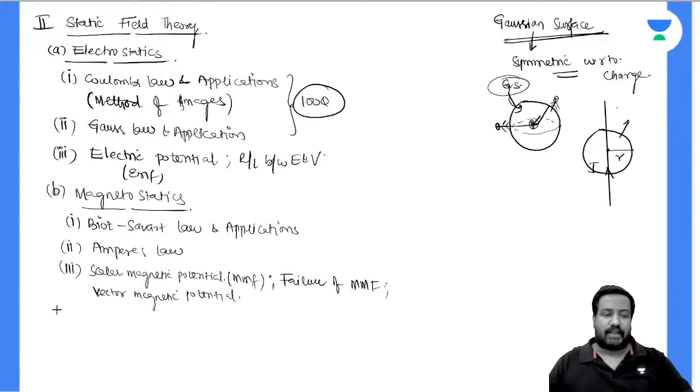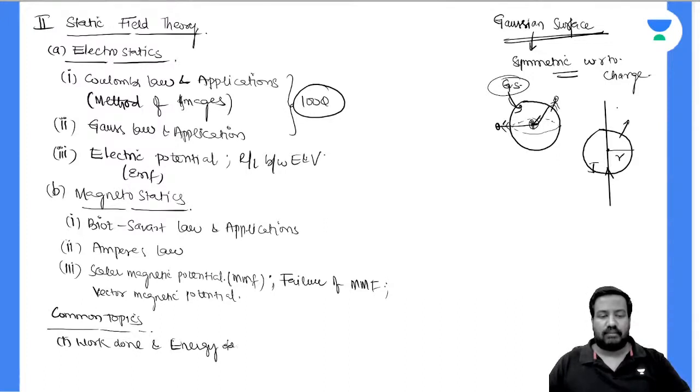The common topics that we have discussed, which are common for both electrostatics and magnetostatics, are work done and energy density. We defined work done and energy density for both. We defined Poisson's and Laplace equations, especially problems and numericals. Some beautiful numericals were done on Poisson's and Laplace equations for both electrostatics and magnetostatics.